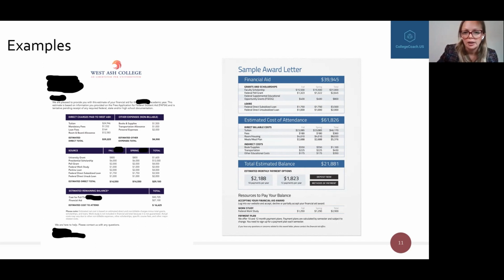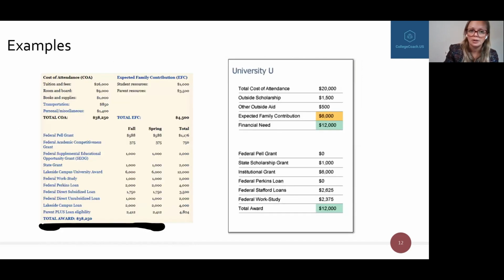So again, they're giving a Pell Grant and an SEOG grant, then breaking down the federal loans separately, breaking down direct billable costs and indirect costs, and listing work study separately. Here's another set of examples.